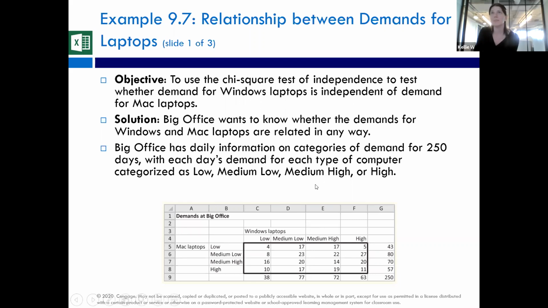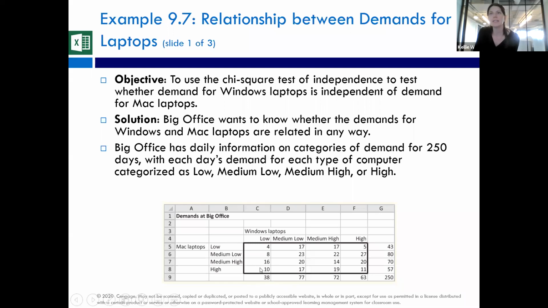So they have daily information on their categories of demand. They've classified demand as low, medium, or high. And when you look at this crosstab table, these are days for 250 days. So on 4 of the days, demand for Windows and Mac laptops were both low. This is how you interpret this table.